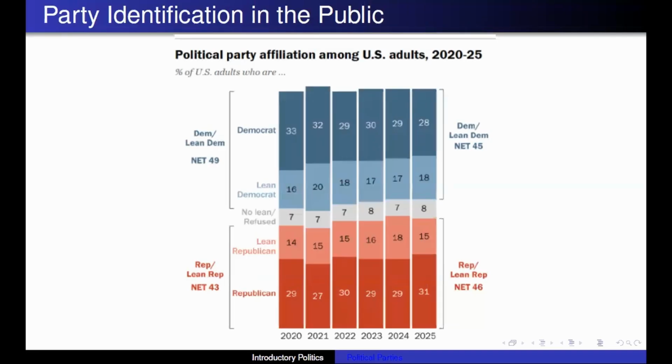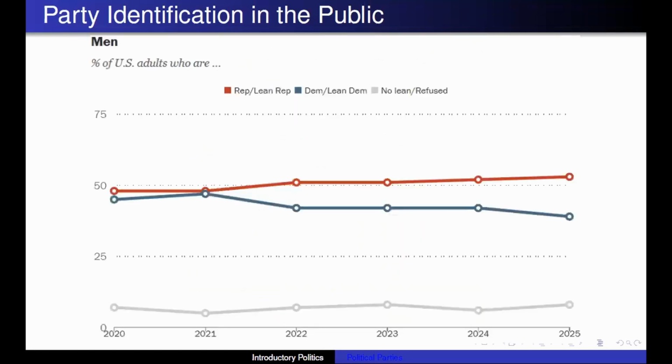Although the Republicans do have a lead, we could essentially call this a tie. And so while Democrats used to have a fairly strong lead among the public when it came to those who identify as Democrats, this is now essentially turned into more of a 50-50 split in the United States.